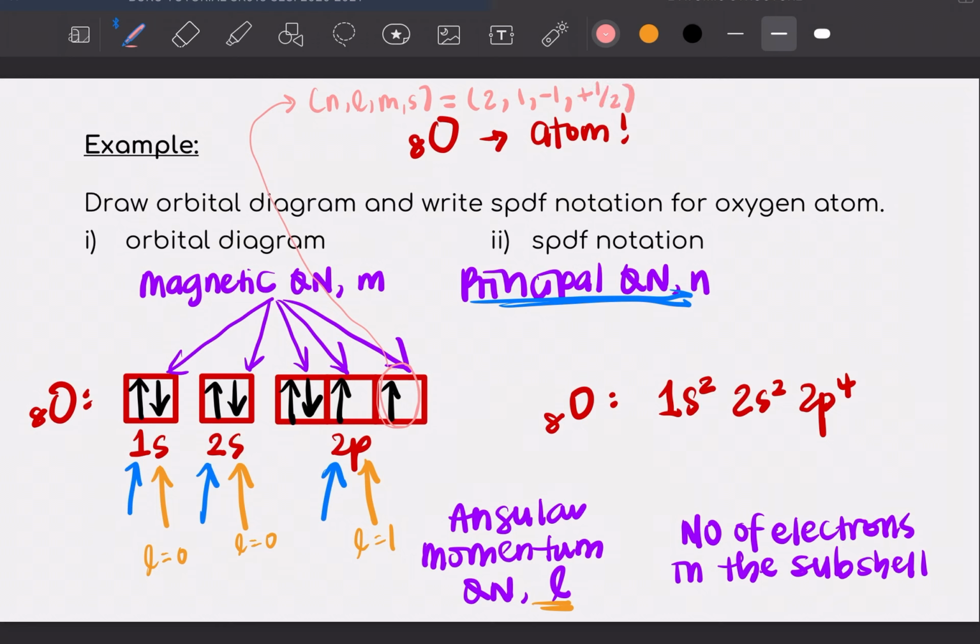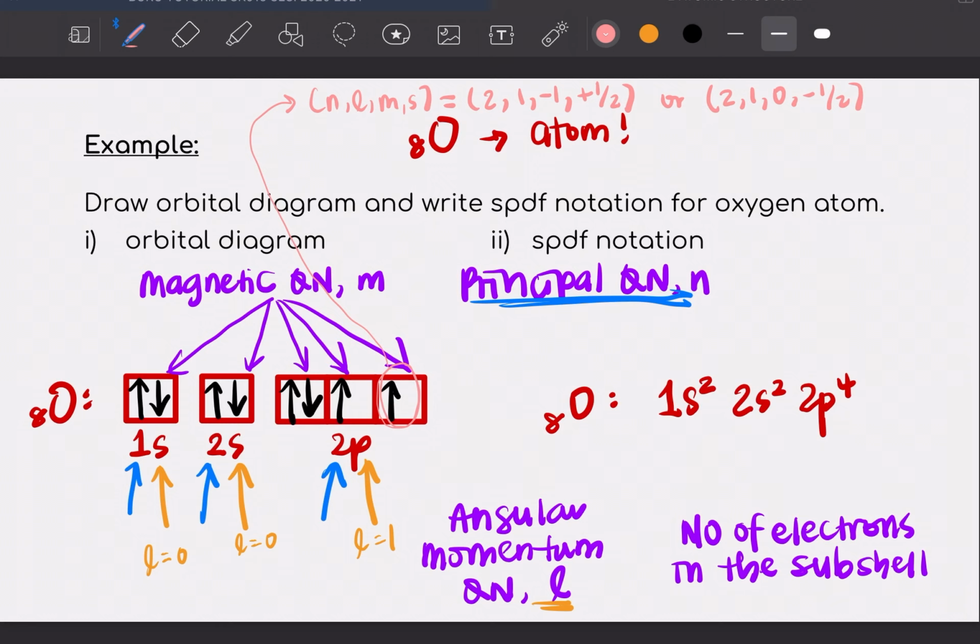So that is the possible set of quantum numbers for that electron. Or it could be 2, 1, 0, -1/2 also. Right, so that is the relation between your quantum numbers and your orbital diagram.